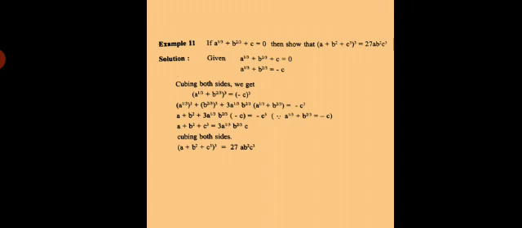Now when you simplify the second step, 3 will get cancelled with 3, so only a will remain, plus again 3 will get cancelled with 3, and b² will remain. Similarly, plus 3 into a^(1/3) into b^(2/3), keep it as it is.